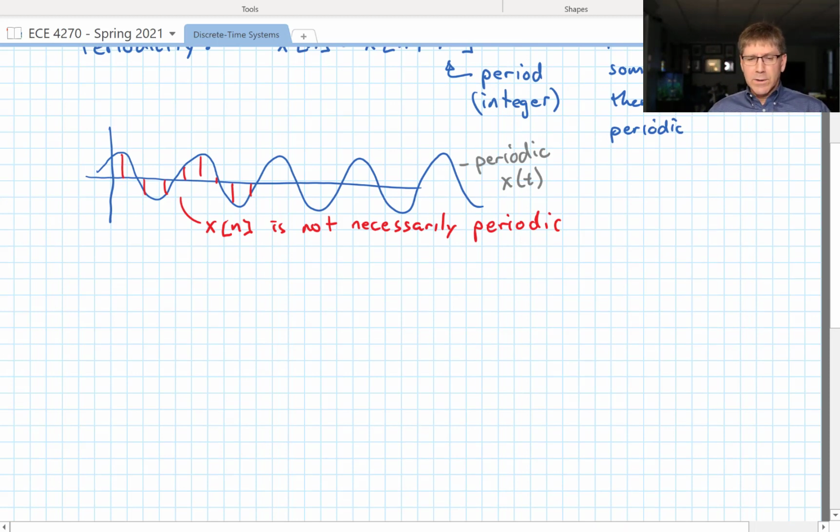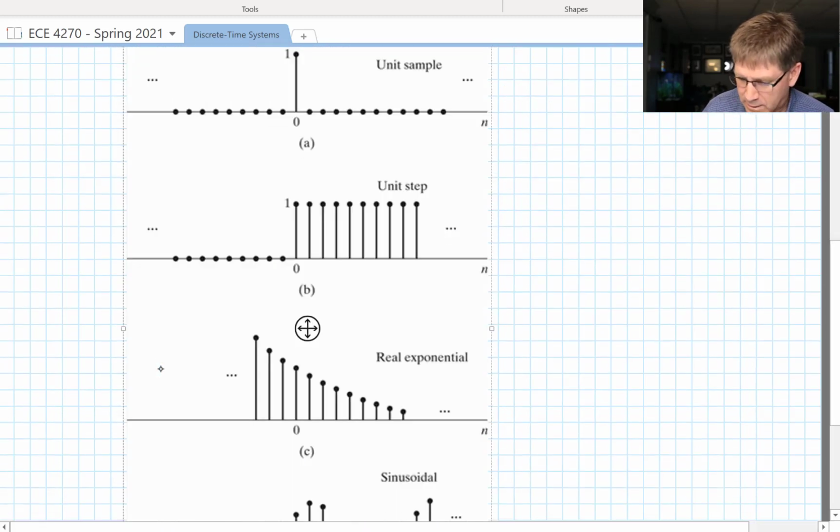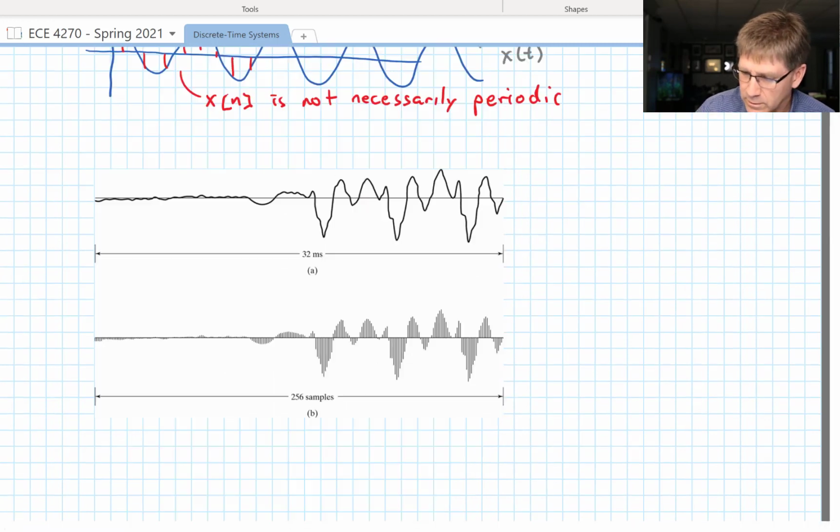Now, next we're going to get into linear time invariant systems, but as a first step for that, I would like to introduce one more thing. Okay, there we are. What you're seeing here is a speech signal.